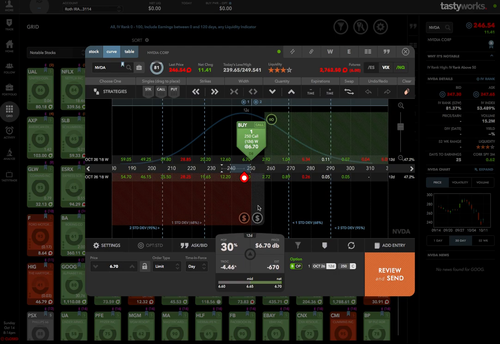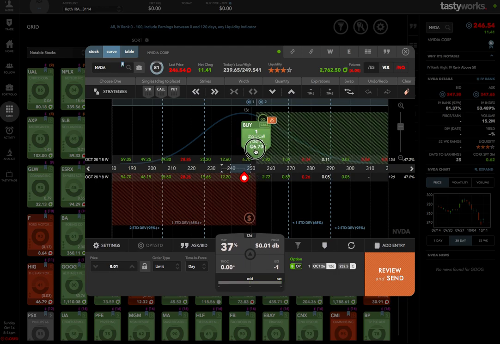Technically, they say stocks normally stay within 1 standard deviation of where they are currently. So essentially, any options that you buy within this range are going to be a lot more expensive than any options priced outside of this 1 standard deviation. Okay, so you want to stay in this range.